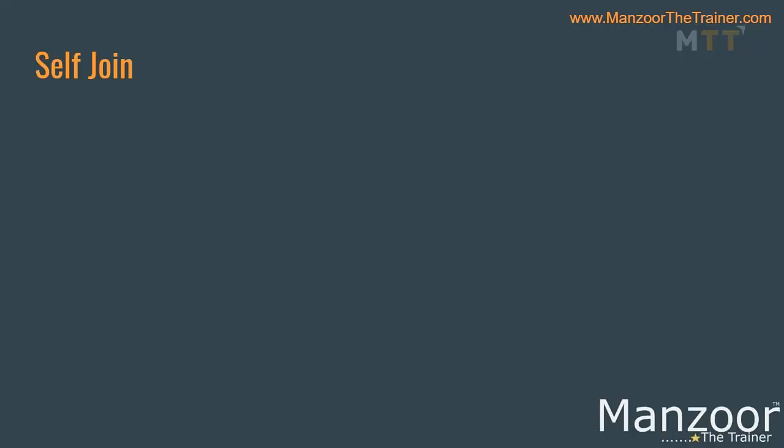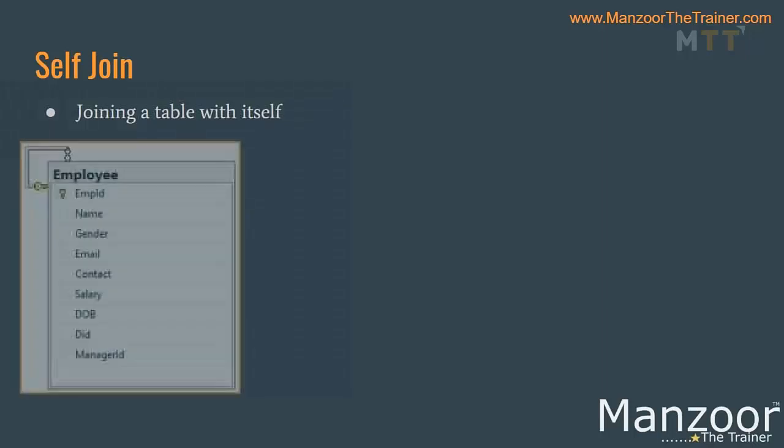Joining a table with itself is called a self-join. The best scenario is if I want to know who is the manager for a particular employee. Manager is also an employee, right? Joining a table with itself is self-join.